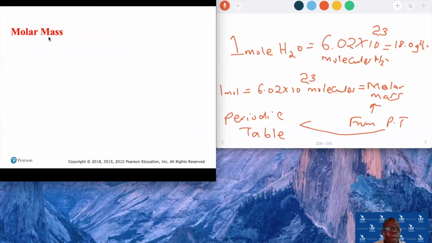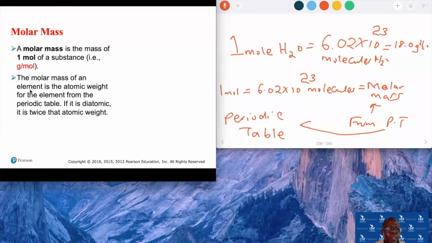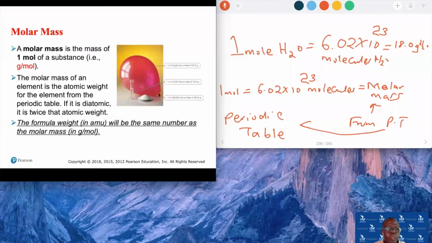Now, we will switch gears to using grams per mole. When we say molar, it comes from the word mole, and we know what a mole is. Wherever we say molar mass, we are referring to Avogadro number of things, and the units are grams per mole.